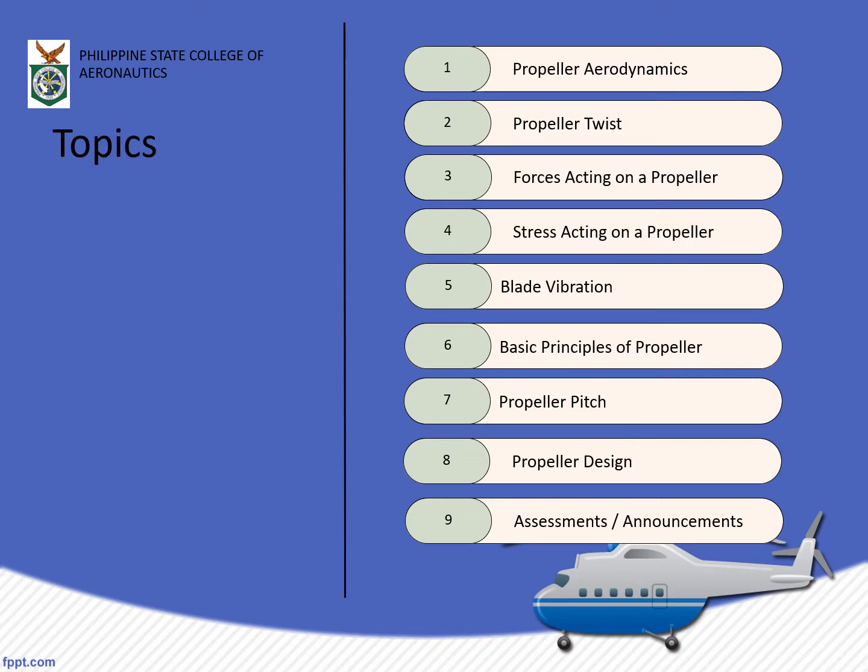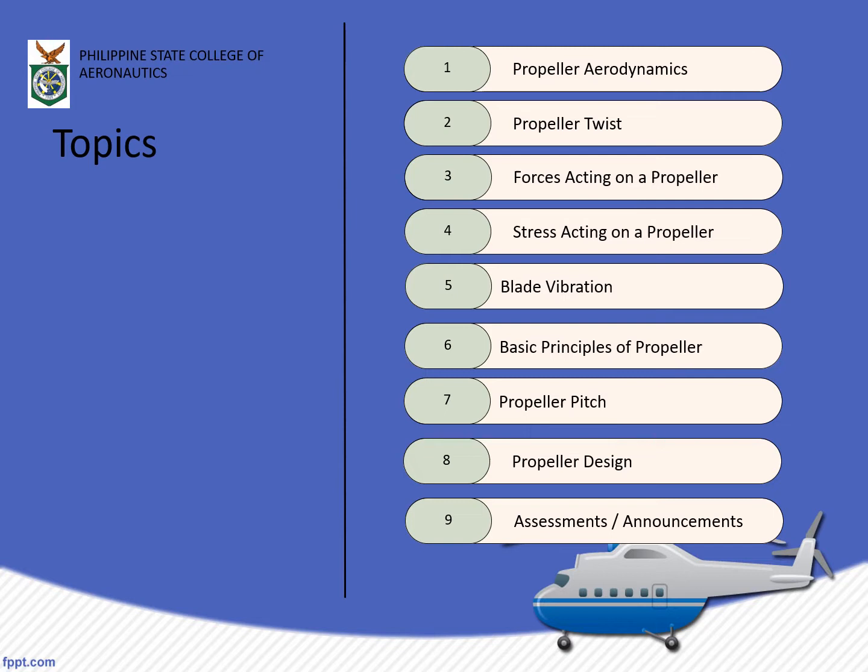So here are the following topics that we will be discussing. We have a total of 8 major topics, and the ninth part will be about our assessments, activities, or any announcement for quizzes and such. So a total of 9 agendas for this meet.